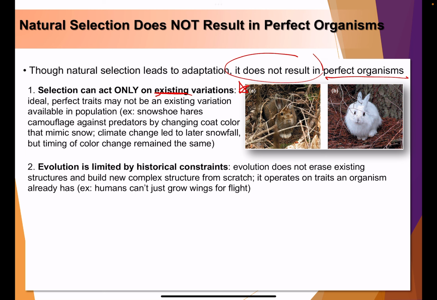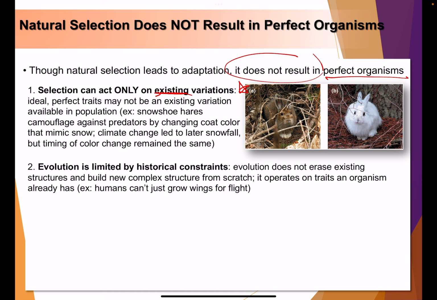Second, evolution is limited by historical constraints, which means evolution does not erase existing structures and design new complex structures from scratch. It's not erase the board and let's draw again. It operates on traits an organism already has. For example, it would be nice if we humans could fly.